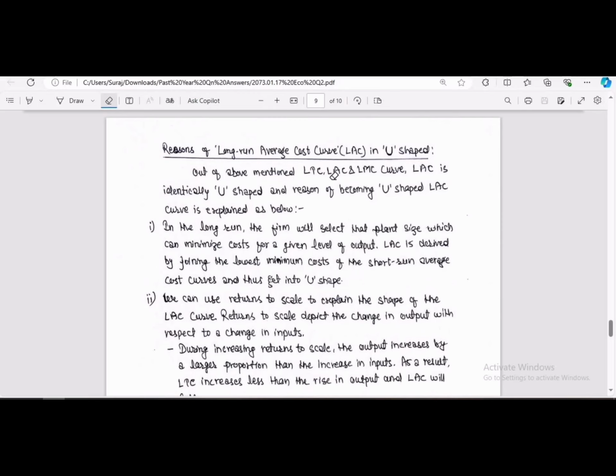Out of the above mentioned LTC, LAC and LMC curves, LAC is identically U-shaped, and the reason of the LAC curve becoming U-shaped is explained as below.